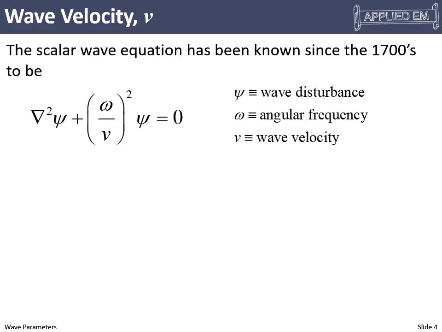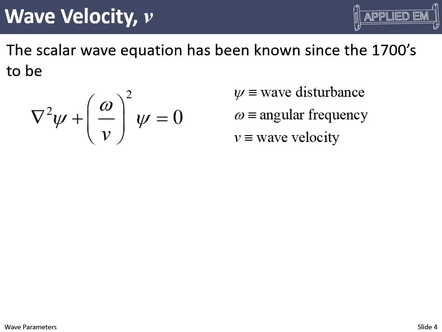We start with the historical wave equation. Someday when I have time, I'd like to sit down and really investigate the history of the wave equation. I do know that the wave equation has been known since at least the 1700s, and this is the basic form that it was known in. This psi parameter is just the wave disturbance. If you're wiggling a rope, it would be the height of the rope.